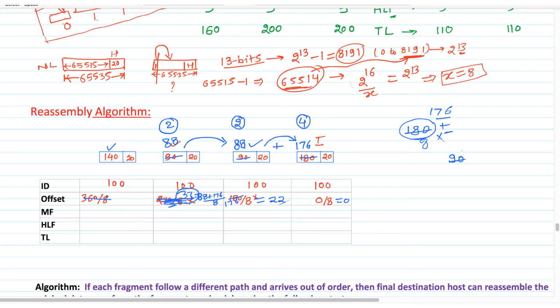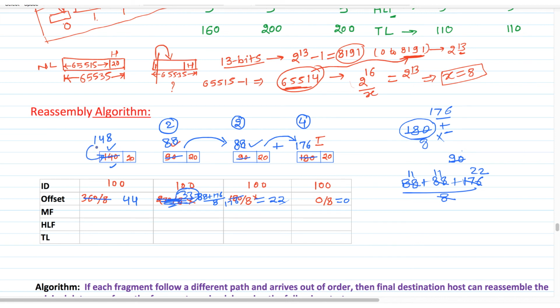So 88 plus 88 plus 176 divided by 8, it will become 11, 11, 22, means total 44 we are going to store here. And the value for this fragment will be how much? 140 is already present, plus 2 plus 2 plus 4 means total 8, means 148. 140 we are going to store at this place.